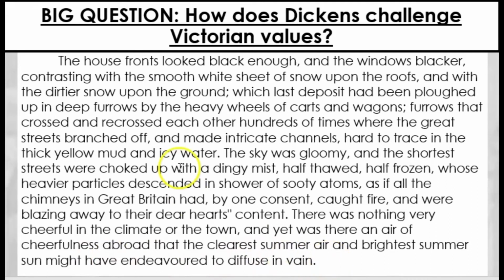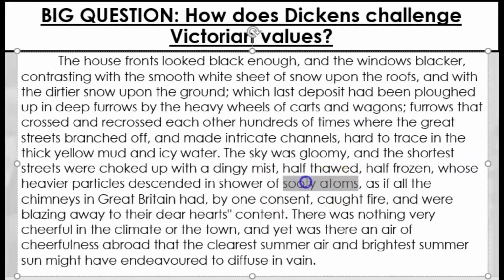So again, although it's winter, we get the idea of the black streets and the blacker windows. We get this lovely juxtaposition, this contrast with the white sheets of snow. And again, white representing purity and goodness. So the white here is reinforcing the values of Christmas. And we're also told that although the weather is quite dingy, we've got the yellow mud and it's quite cold with the icy water, and the sky is also gloomy. So we get this association with the negative weather.